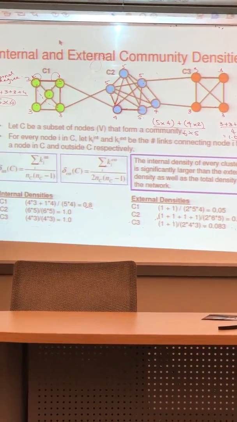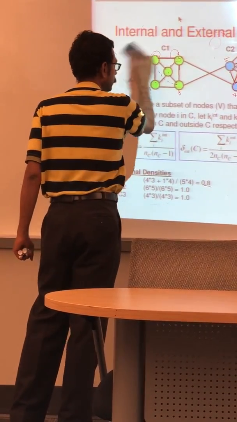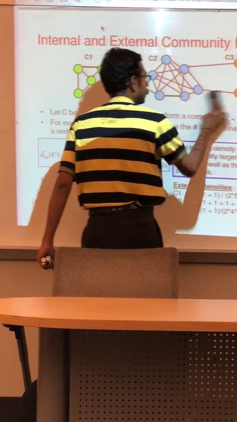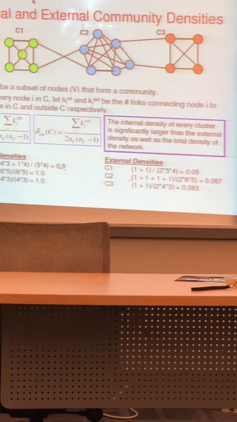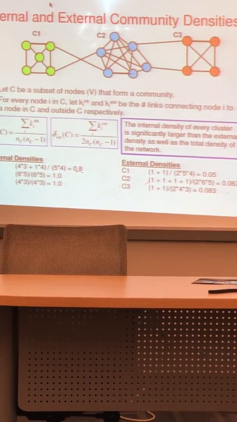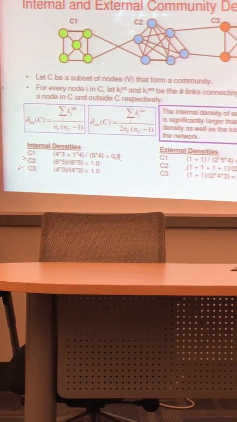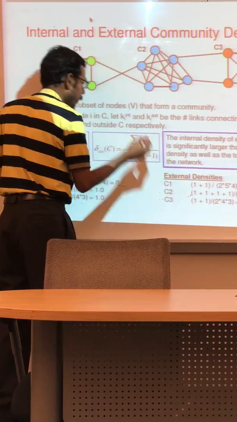Okay, so let us see how to do external density. Internal density is just counting the internal degree. Now, external density is again calculated for every community.